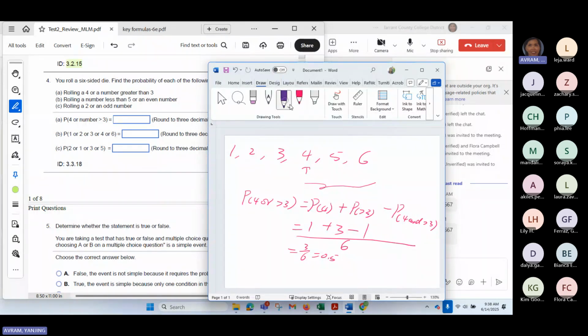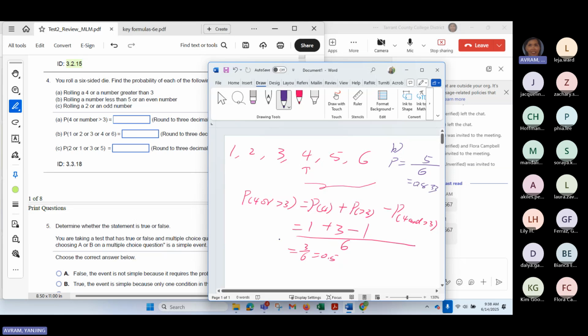And then your B. What is B? Less than 5 or an even number, so 1 or 2 or 3 or 4 or 6. There's nothing repeated here. 1 doesn't include 2, so that's 1, 2, 3, 4, 5, which is 5 out of the 6, and then you round to 3 decimal points. So I think that's 0.833.